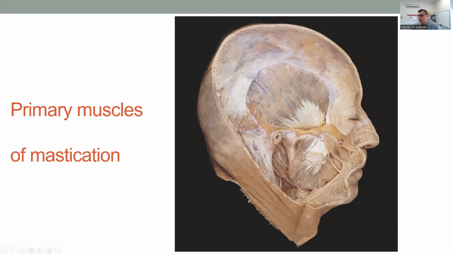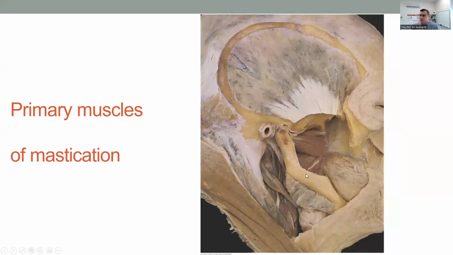So the temporalis muscle is here. The masseter muscle can be seen here. If we open the masseter muscle, we can see the medial and lateral, this is the lateral pterygoid and medial pterygoid. In the practical workshop, we will explain their origin and insertion and then rationalize the mechanism of action for each one.